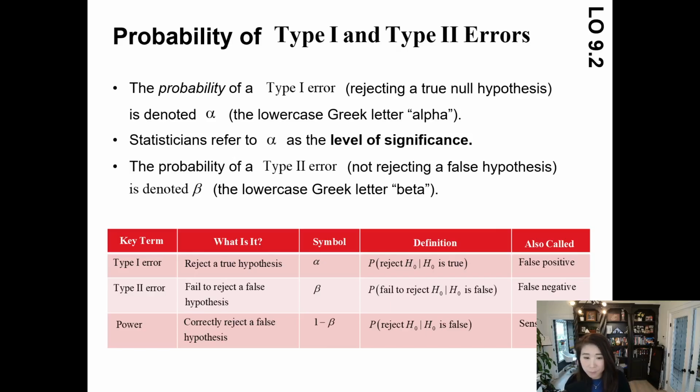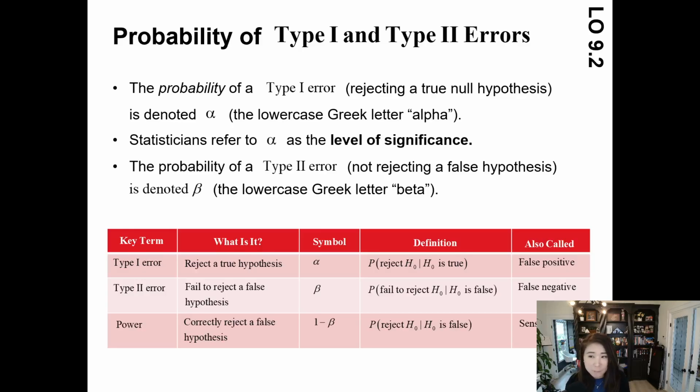Let's say we run 1,000 experiments. So that means 0.01 times 1,000 will give you 10, right? So among those 1,000 experiments, we are expecting 10 times we are making a type 1 error.